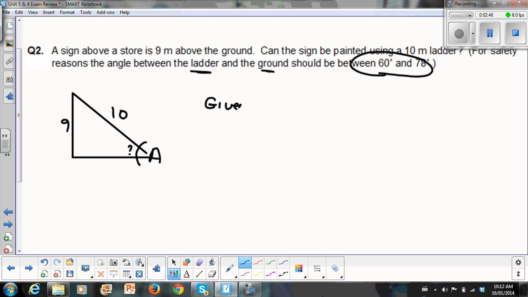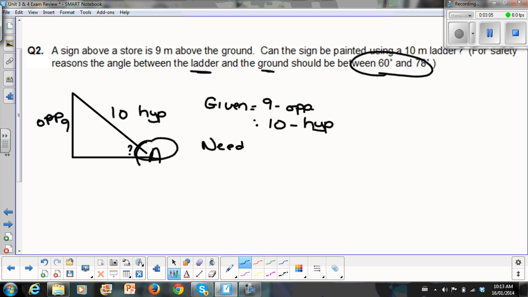So what are we given in reference to angle A? We are given the opposite of 9. We are given 10, which is the hypotenuse. And we need angle A.